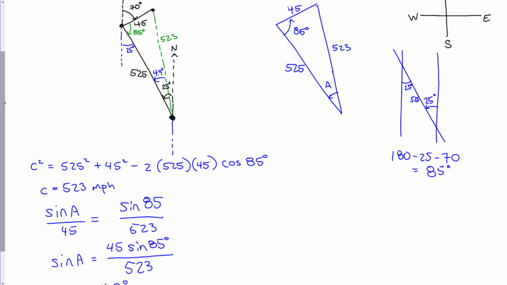It was 25 degrees for that complete bearing, so this angle measure right here, which is the new bearing, I'll call B, is going to be 25 degrees minus 4.9 degrees, which would be 21.1 degrees. That is the new bearing, which we need to state as north 21.1 degrees west.